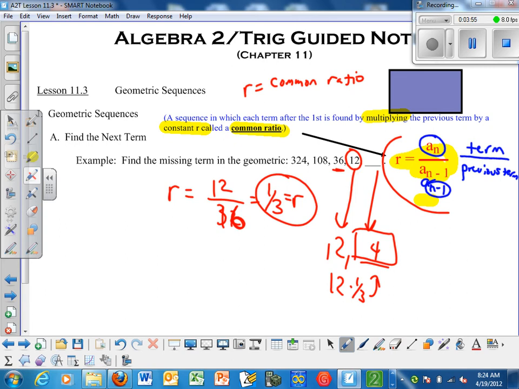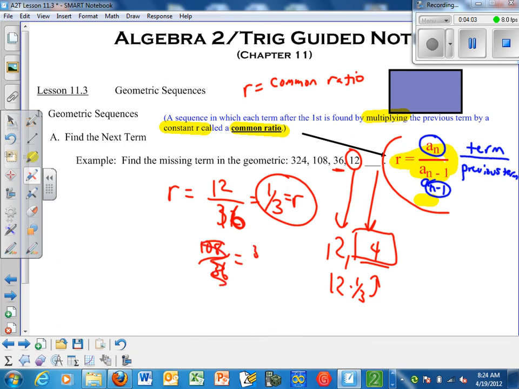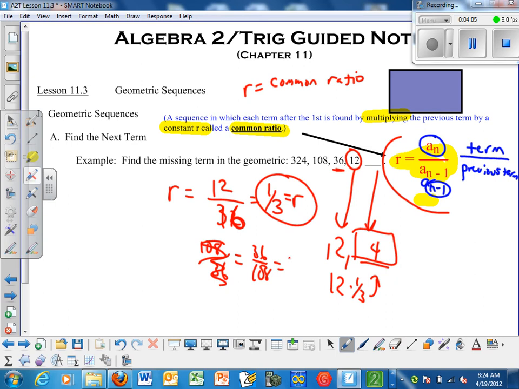Okay, notice to find r, if I would have taken 36 and divided by 108, that would also reduce to 1/3. If I would have taken 108 and divided by 324, so you can take any term and divide by the term in front of it to find r. That's the key thing here.